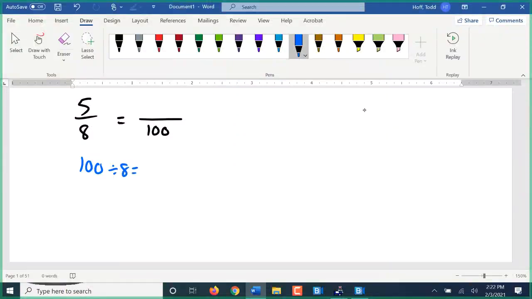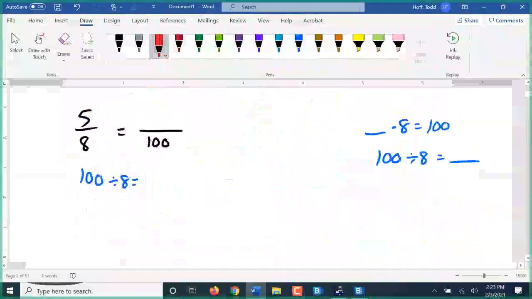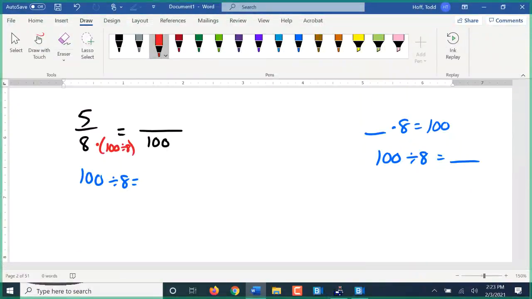Remember, we said that problem, blank times 8 equals 100, is equivalent to the division problem, 100 divided by 8 equals blank. Remember that? Back in our integers? Yep. So that's the number that 8 is multiplied by, 100 divided by 8. That's what we multiply the 8 by to get 100.